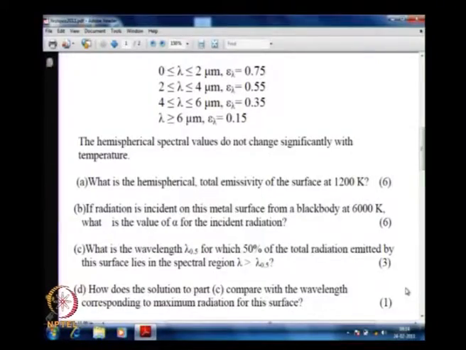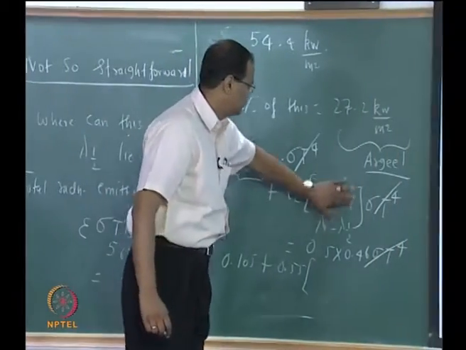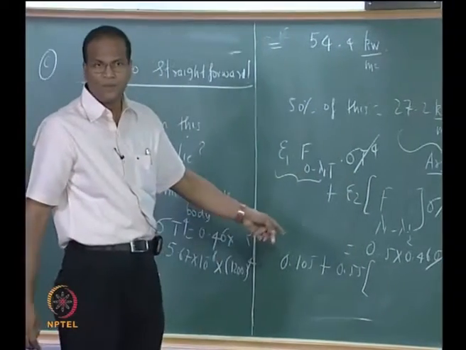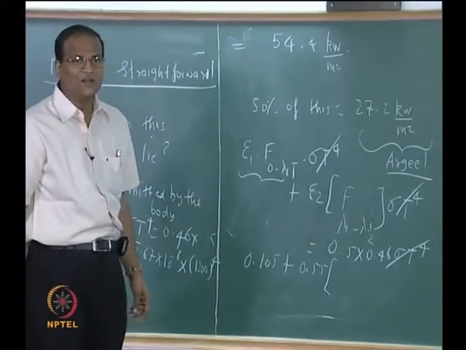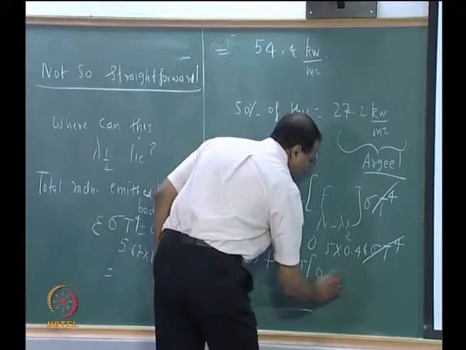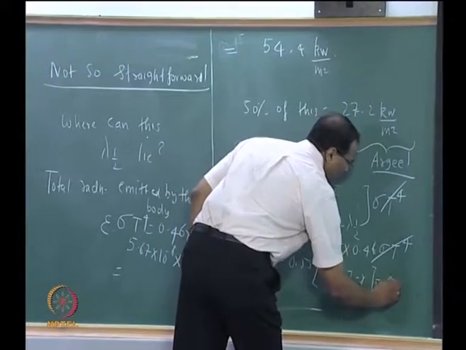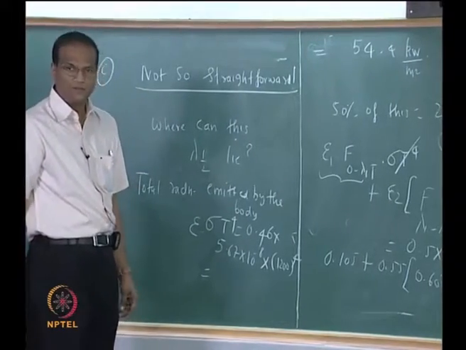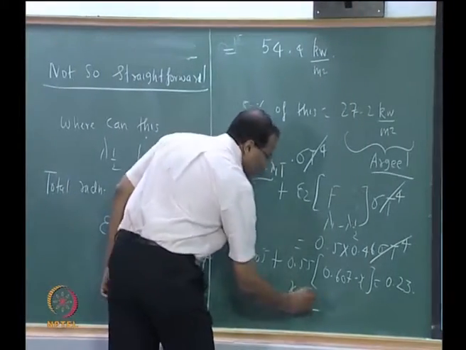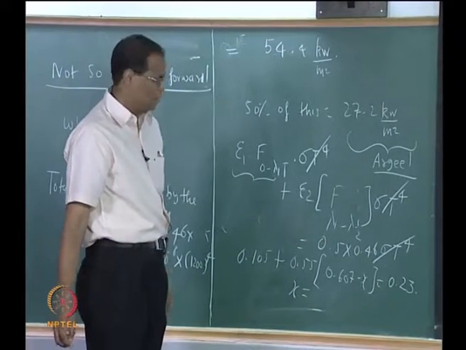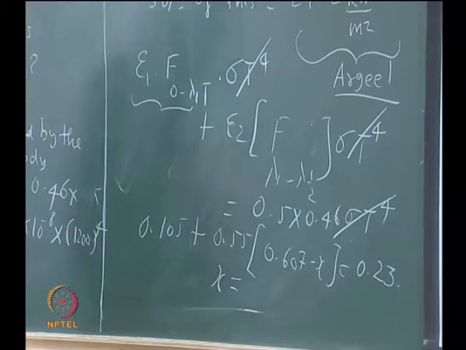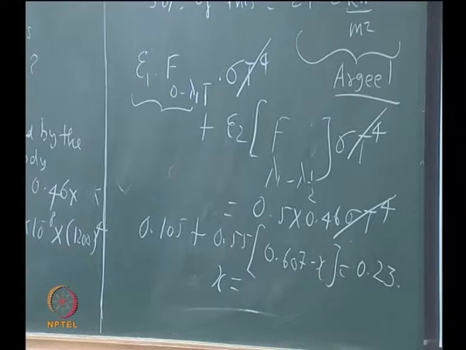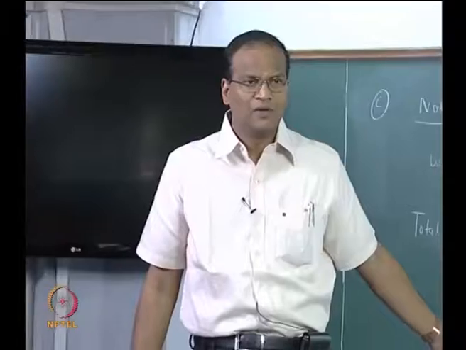So 0.607, and I can solve for x. So x turns out to be 0.607 minus x, it's correct. So x is how much?